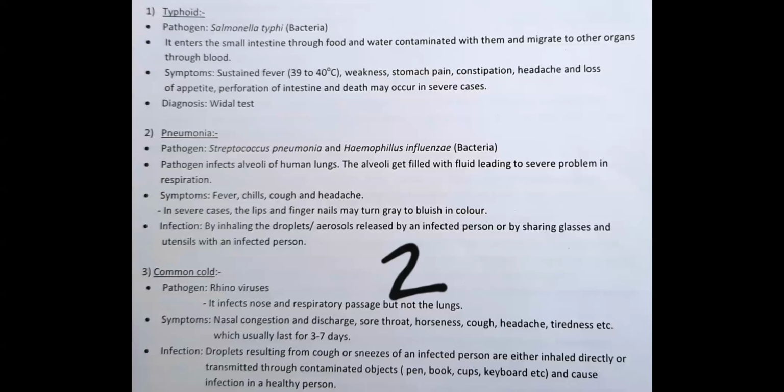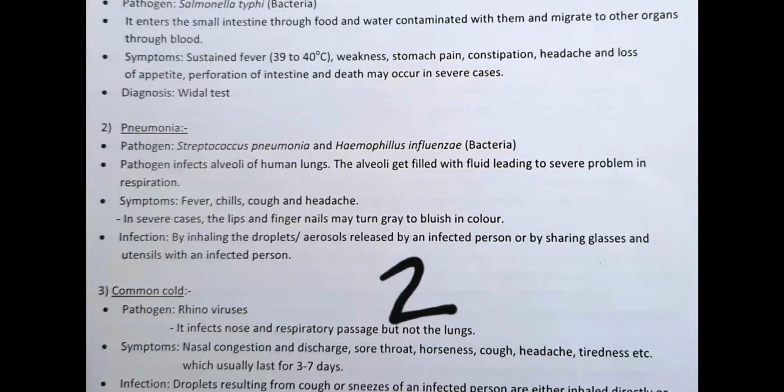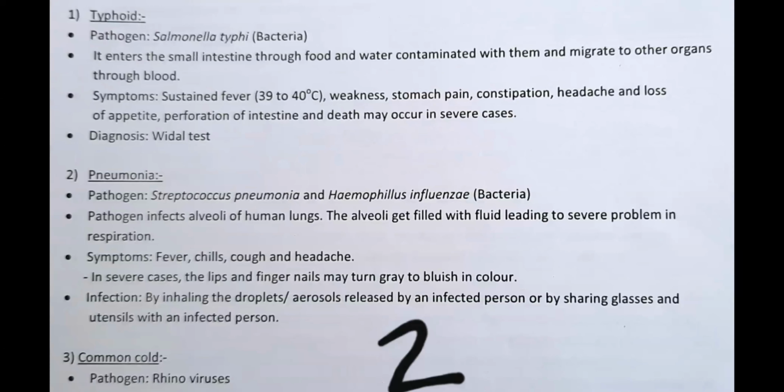We got a list of 8 to 10 different diseases. One by one, we're going to talk about them. And finally, we will see some general aspects regarding disease control. We start with the first, typhoid.